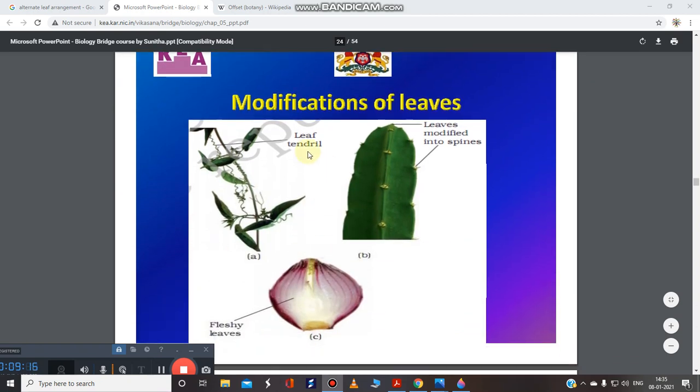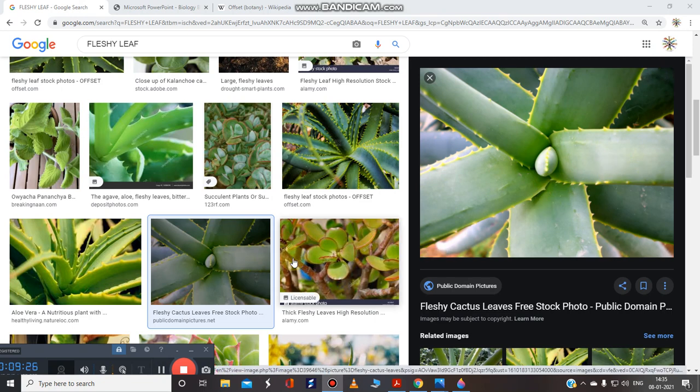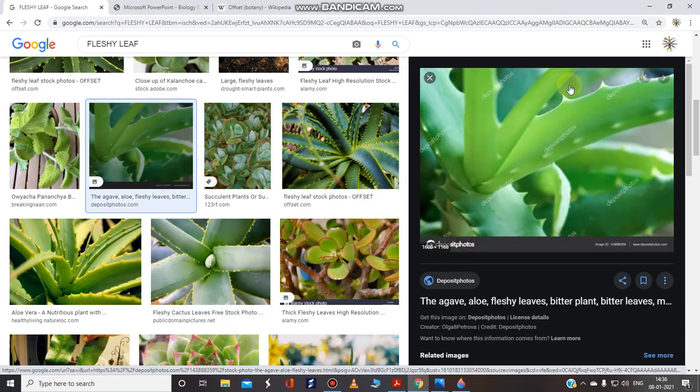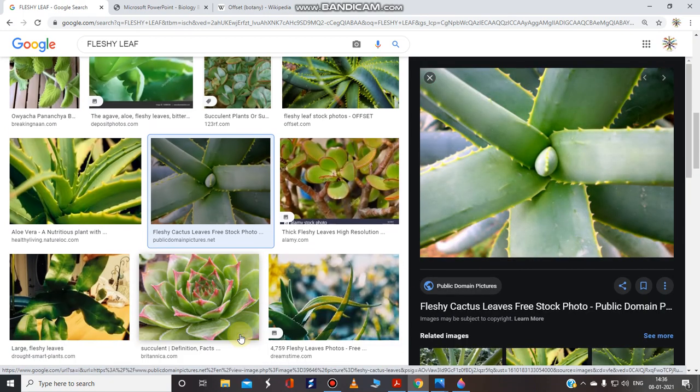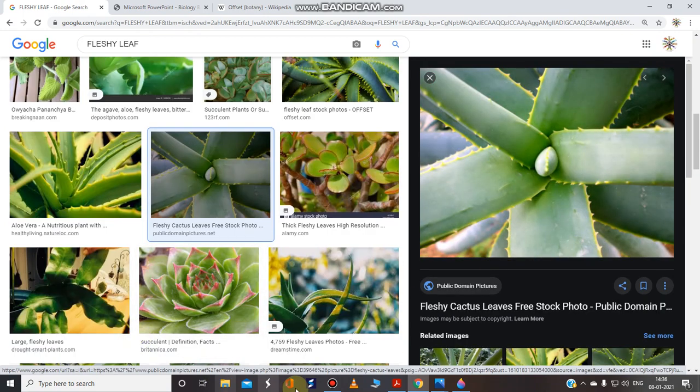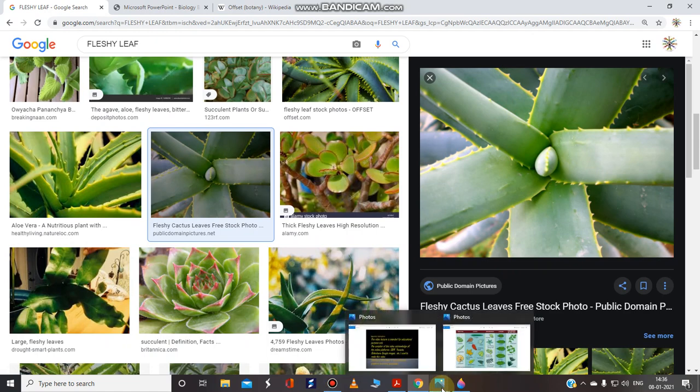Look at this, these are the modifications: tendrils, this is the fleshy leaf onion, and these are the spines of cactus. So as you can see, this is again a modification they developed. These are known as the spines of the leaves, like in the aloe vera plant, a very commonly found plant. So I hope this is clear to you.